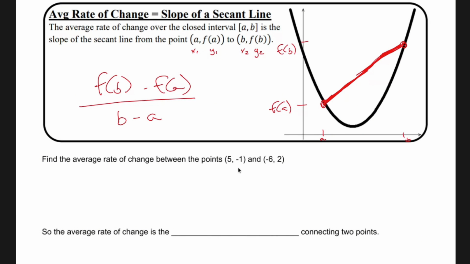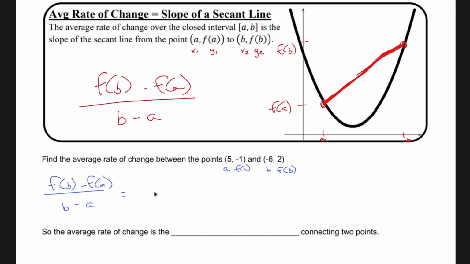Find the average rate of change between the points (5, -1) and (-6, 2). So I'm going to do very similar to what I did with the warm-up, but I'm going to call you A and f of A, and I'm going to call you B and f of B. So my average rate of change is going to be me using this formula right here: f of b minus f of a over b minus a.